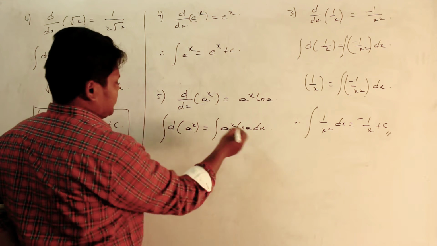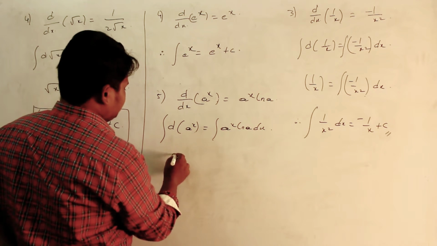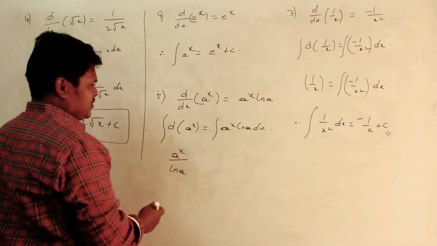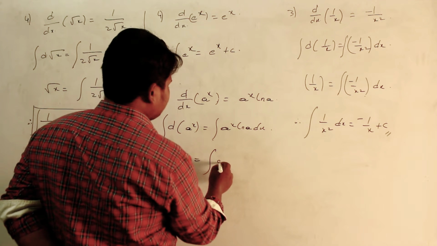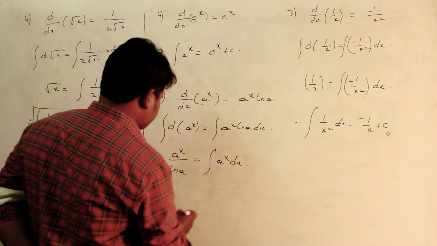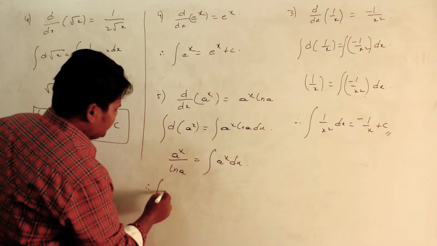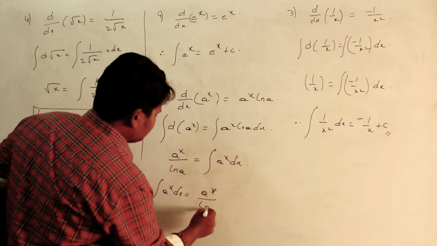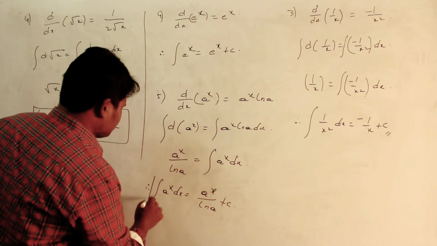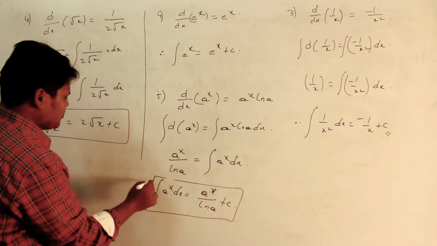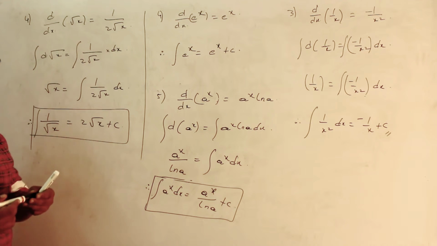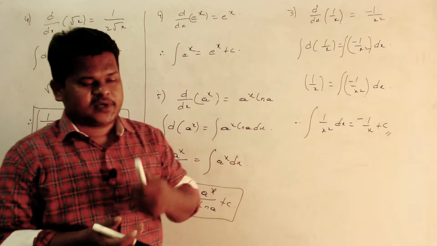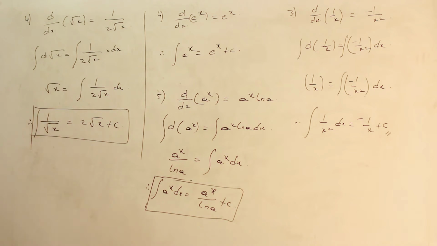Therefore, if I apply integration, 1 by ln a is a constant, so we can take it to this side. So a power x by ln a is equal to integration of a power x dx. Therefore, we can write integration of a power x dx is equal to a power x by ln a plus c. So these are some of the formulae we have in integration. Similarly, we have some more formulae in trigonometry also, trigonometric ratios. Let us see those relations also.